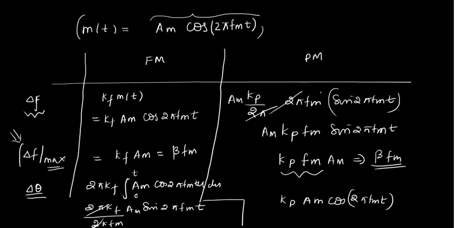Okay. So, next we studied the bandwidth or the spectrum of the FM signal, and we have seen that the bandwidth of the FM signal or PM signal is ideally infinite, right. But what is the practical bandwidth of any FM or PM signal?